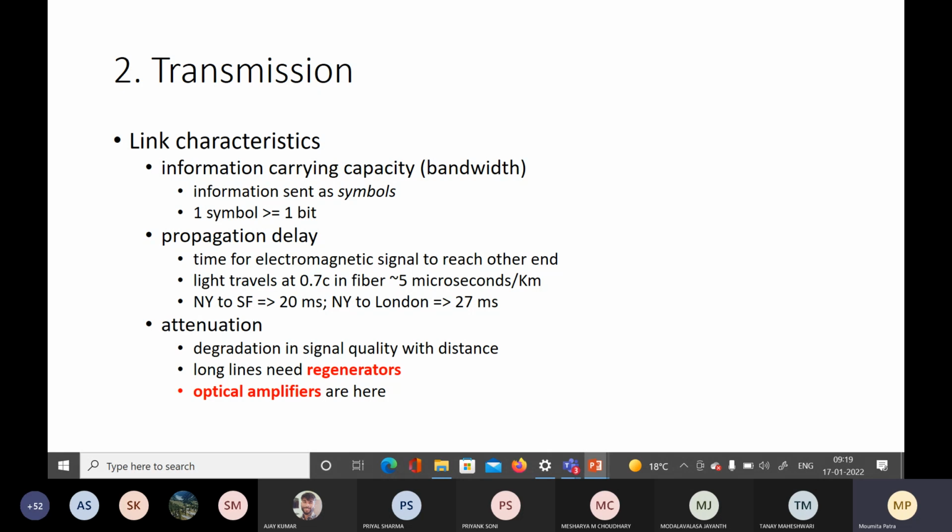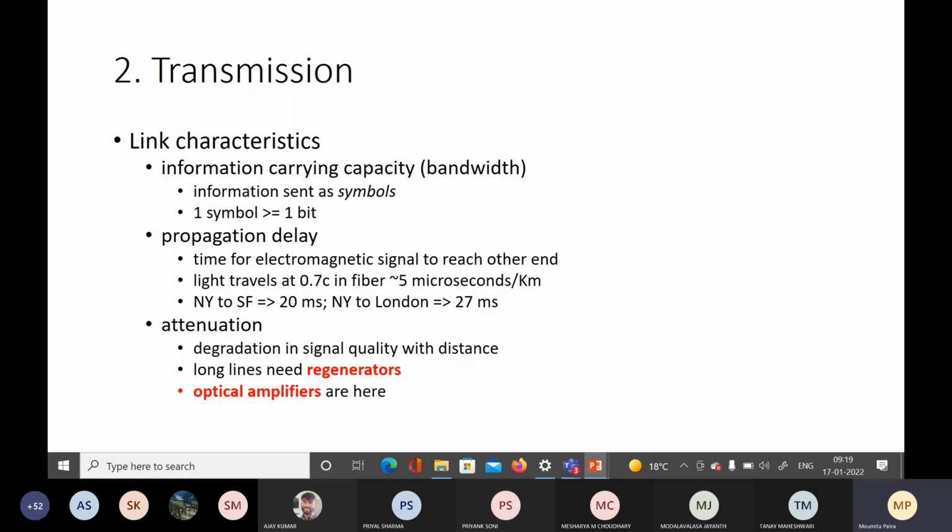If we consider an optical fiber, it is going to send it as light signals. So what is going to be the speed of it? It is at 0.7 C, and the fiber will be sending at approximately 5 microseconds per kilometer.